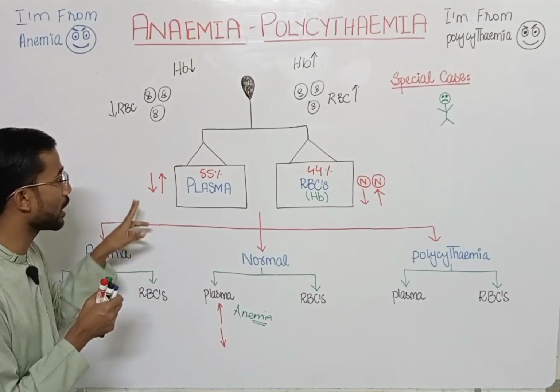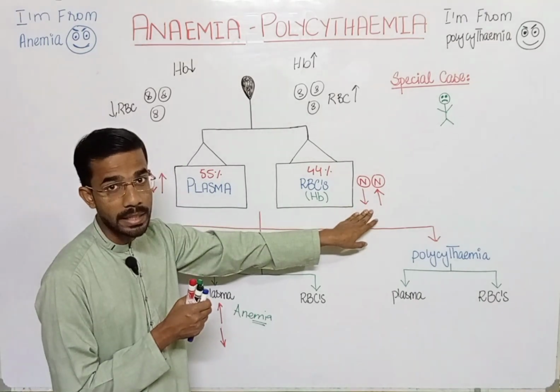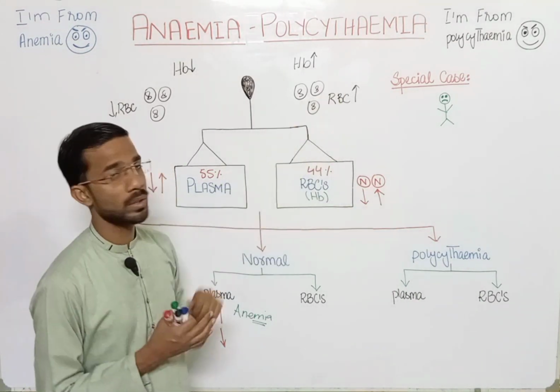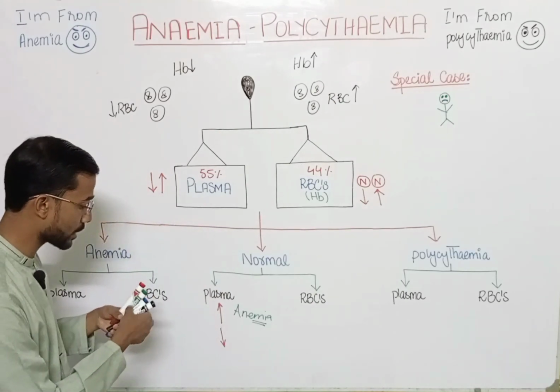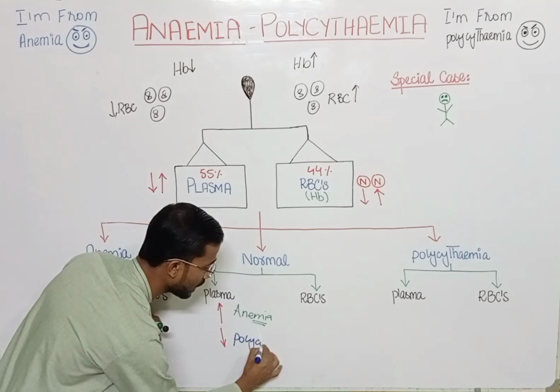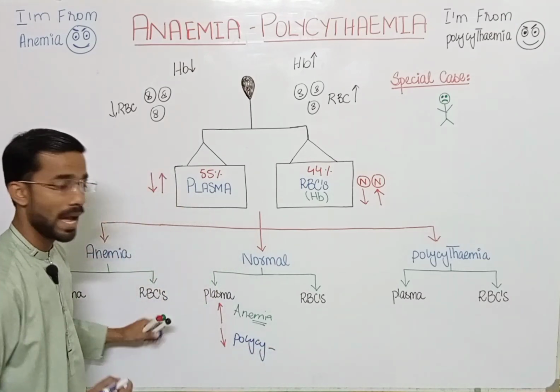In that situation, the RBC number looks increased, and the condition goes toward polycythemia.